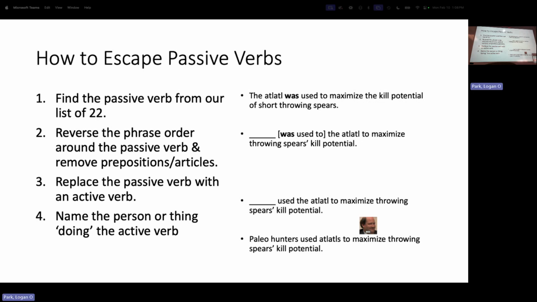Paleo hunters were struggling. There is survival, there is existential danger and threat implied in this sentence. Paleo hunters used atlatls, etc., versus just that dry, boring statement of fact.